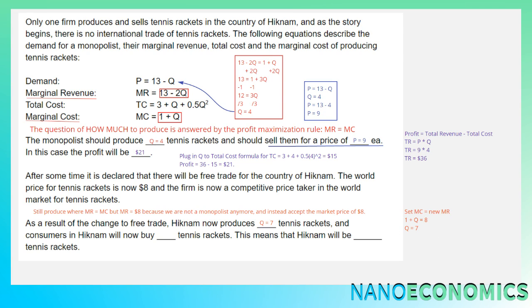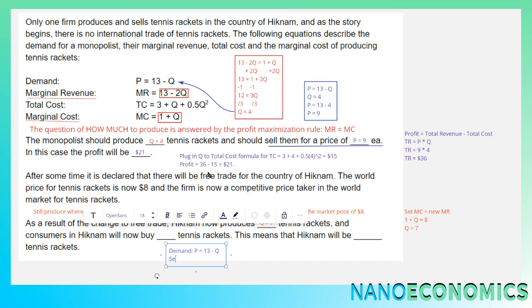And so at a price of $8, consumers are going to buy... our demand is such that whatever the price is will be equal to 13 minus the quantity that we buy.